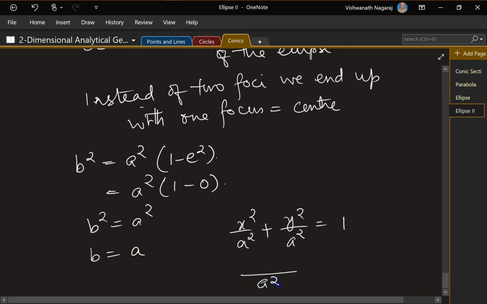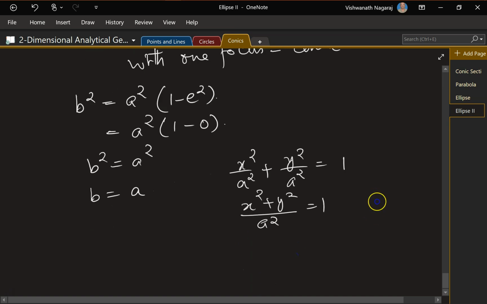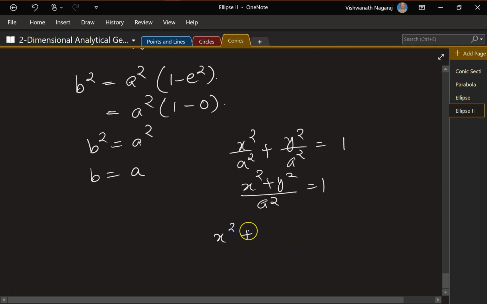So let's take the LCM, x square plus y square equal to A square. This is nothing but a circle.